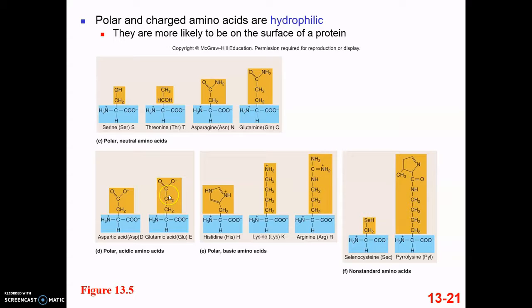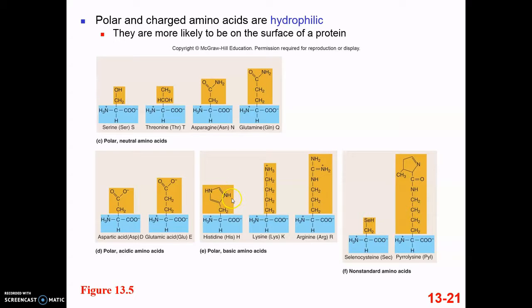And here we again have a slightly longer version of that. Over here, we have 3 amino acids that are basic in nature, meaning that they have a tendency of absorbing protons. So these release protons, making them an acid. These absorb protons, making them a base.